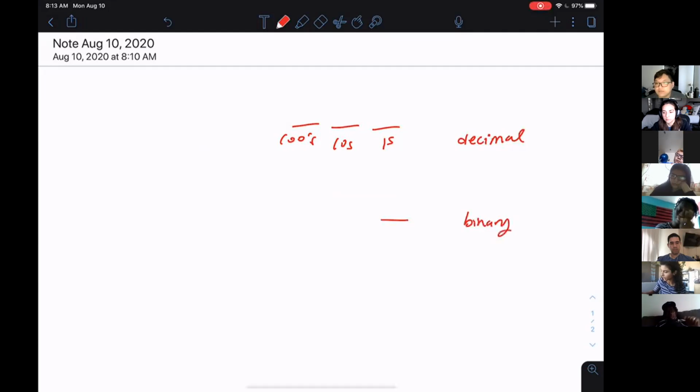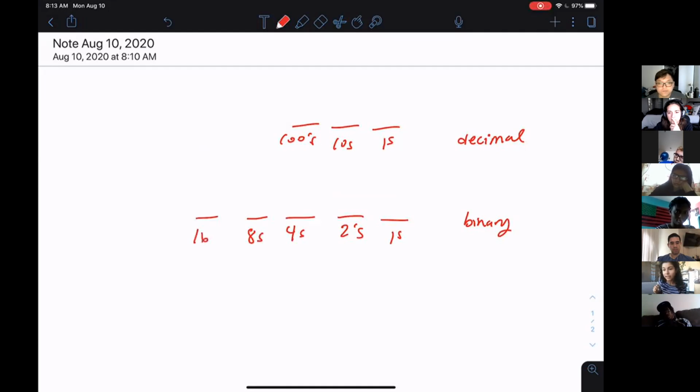Well, in binary, we're going to have ones, twos, the fours place. After that, we're going to have the eights place, then the 16s place, and so on. What do you notice? I'm multiplying every place by 2. Well, that's familiar. Over here, we multiplied every place by 10.